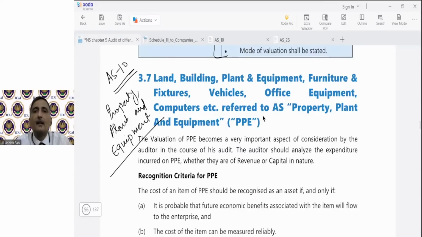Yes, students. Is AS 10 over in your accountancy classes? Yes. AS 10, you are saying yes.